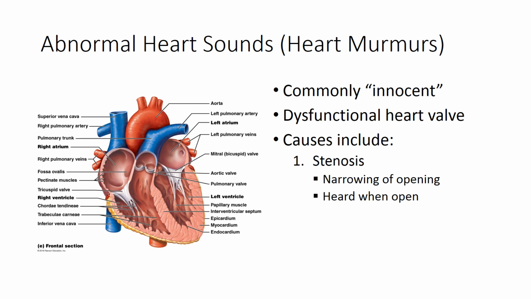In this case, there's going to be a heart murmur heard when the valve should be open or when it is open. So, for example, if there was a stenosis in an AV valve, as blood was flowing from the atria to the ventricle in that part of the cardiac cycle, that narrowing may cause some turbulence, and that's something that could be heard through the stethoscope.